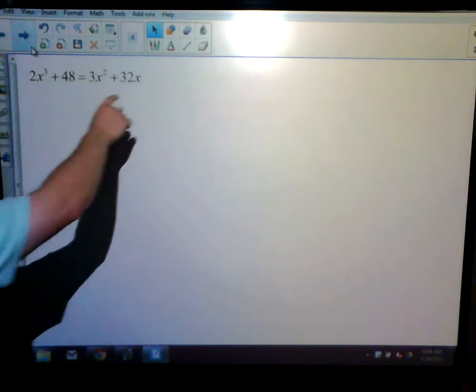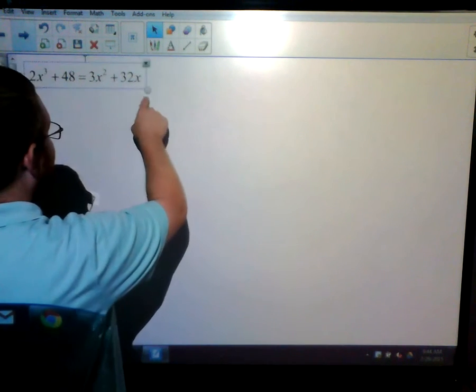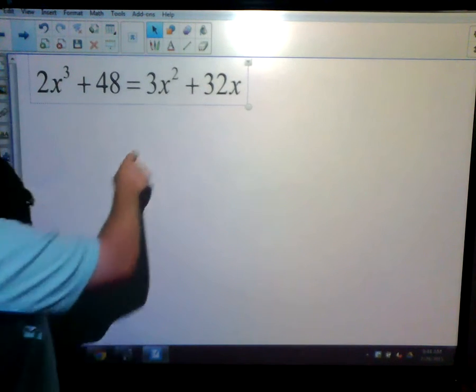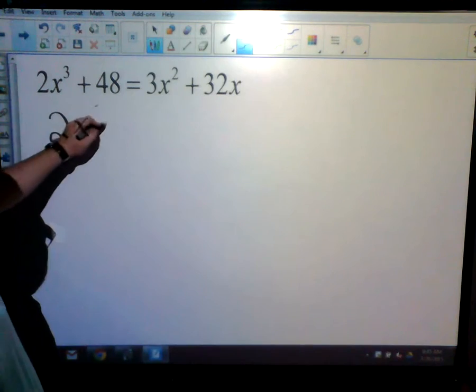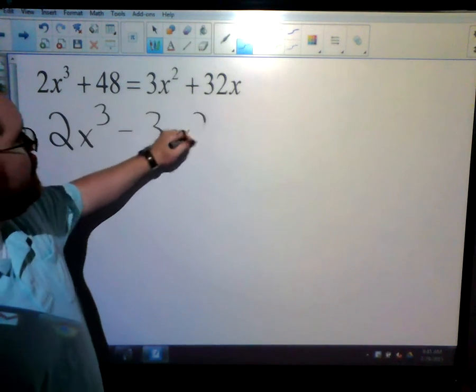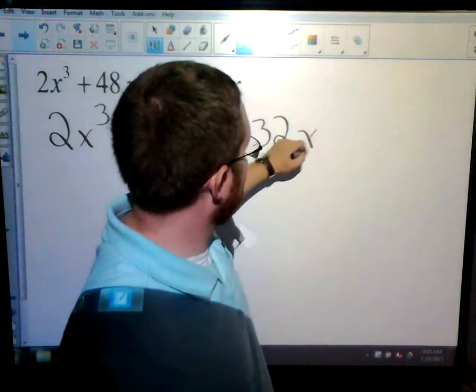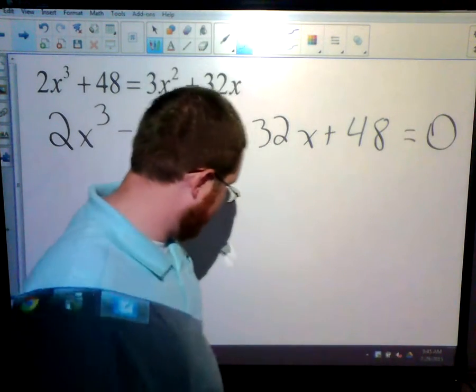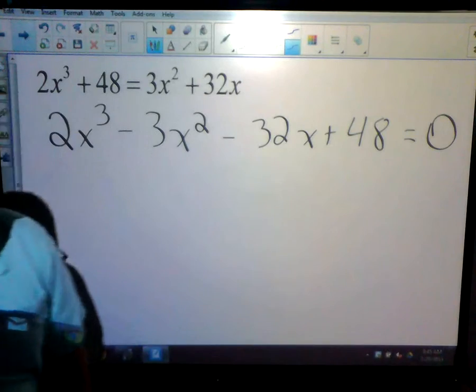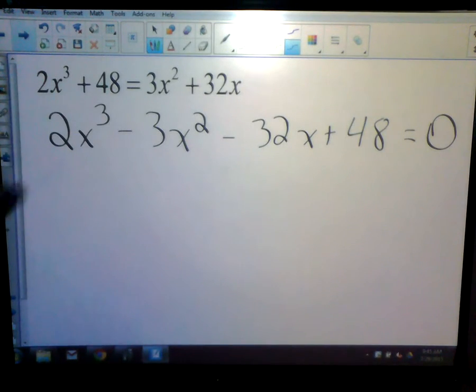Okay, a little bit tougher. This one's not equal to 0. Let's make it equal 0. Four terms. What type of factoring should I look at? I'm going to do grouping.